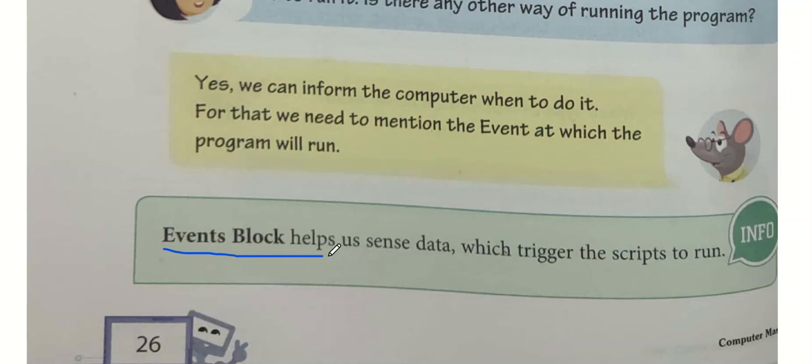Events blocks help us sense data which trigger the scripts to run. The event block is used for the execution of the program. It has the instructions which are responsible for the execution of the program.